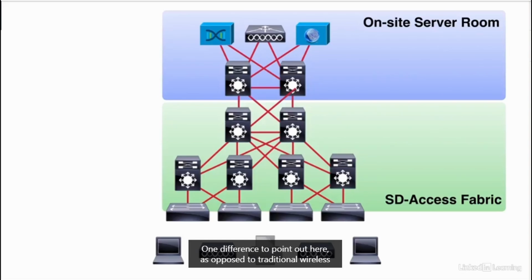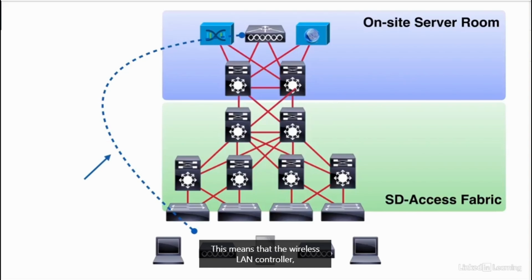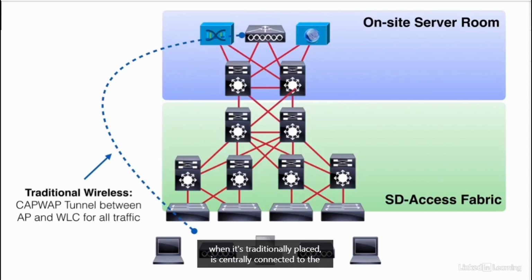One difference to point out here, as opposed to traditional wireless deployment that we've discussed already, it's very common to see a centralized topology in the enterprise. This means that the wireless LAN controller, when it's traditionally placed, is centrally connected to the network infrastructure and has access points dispersed throughout the physical buildings.